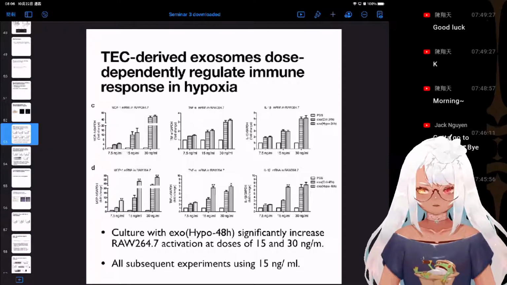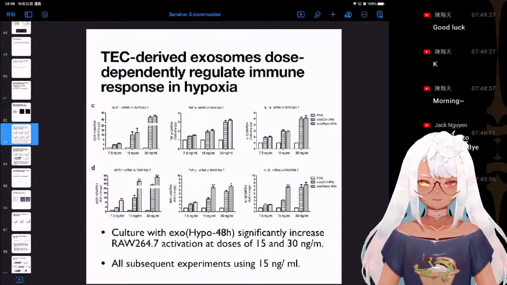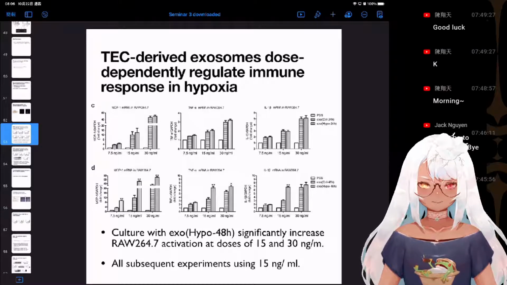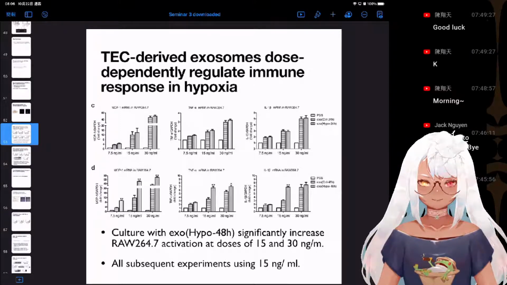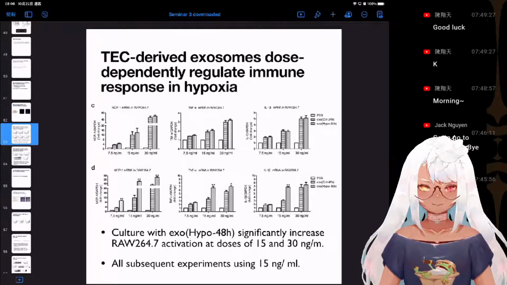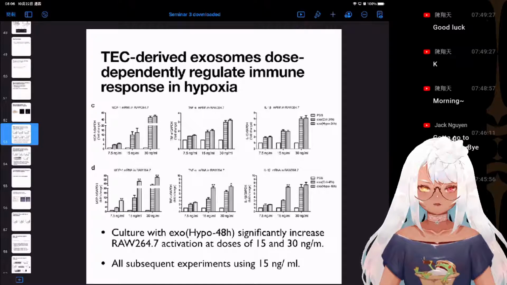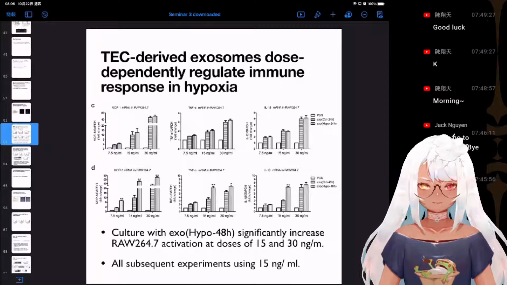Figure C is the 24-hour group, and first of all, we can see exosome can dose-dependently increase the secretion of these markers, no matter whether it's coming from the control or the hypoxia group.